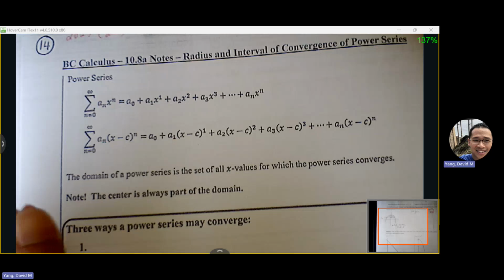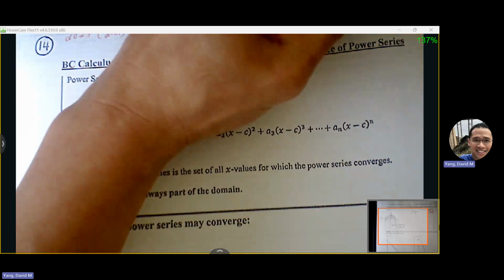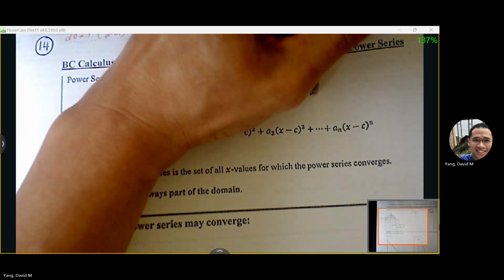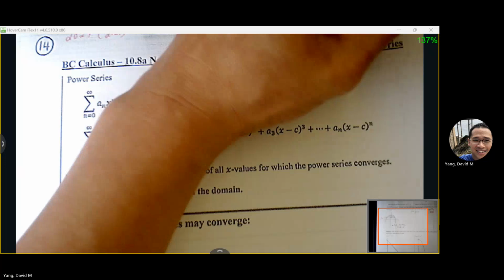Now this is a power series that's centered at x equals 0.